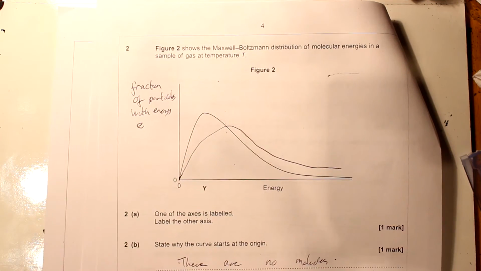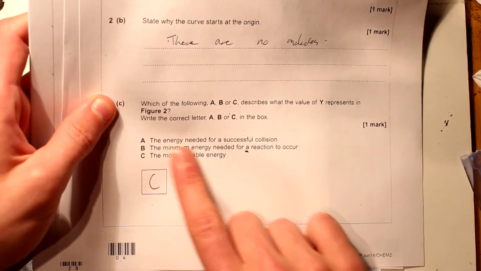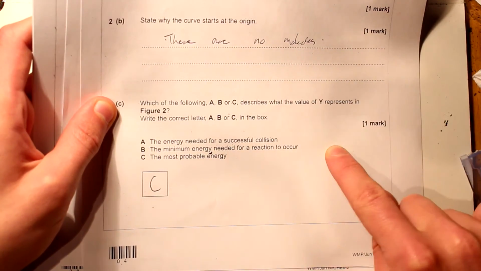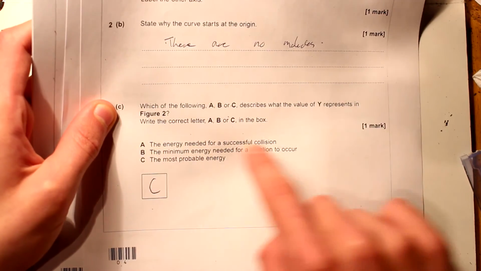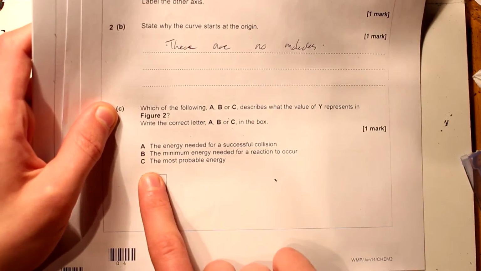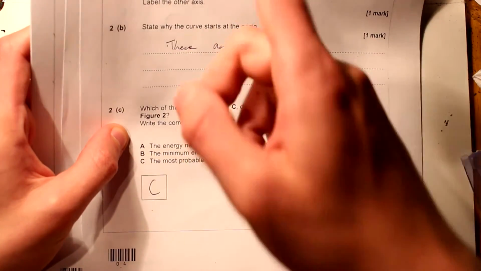Just ignore the one I've drawn on for now. Our choices are: A, the energy needed for a successful collision; B, the minimum energy needed for a reaction to occur, which would be the activation energy; and C, the most probable energy. So it's definitely C. A would just be the area above the activation energy.